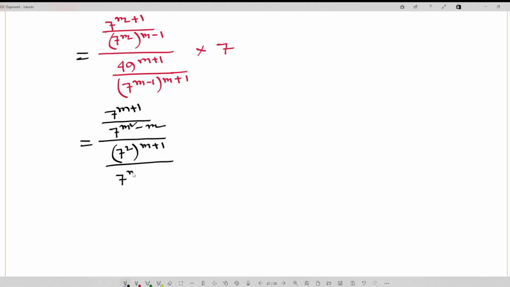This one we can write m square minus 1, because we know a to the power b to the power c means a to the power b times c.